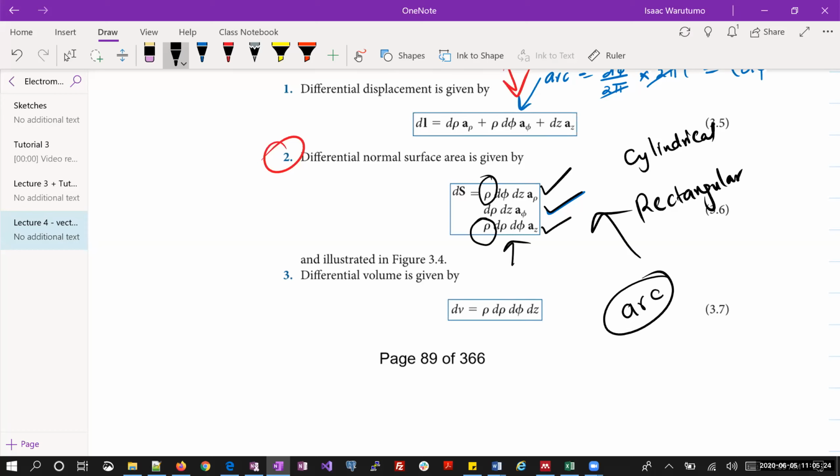The length of the arc is the one that introduces that rho. So it is important that you see that is the only difference. Otherwise, there is not much difference.